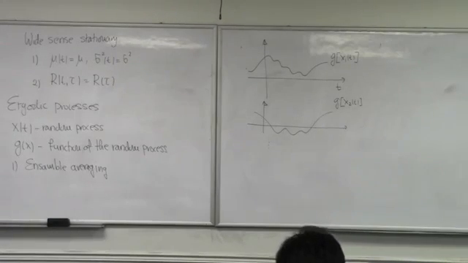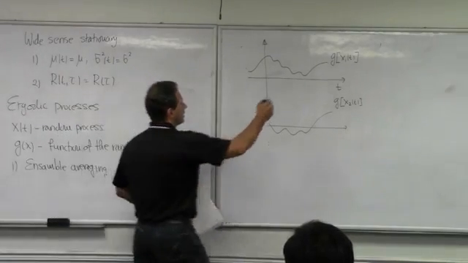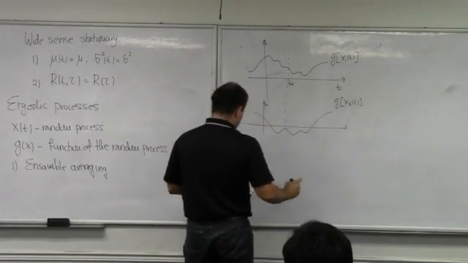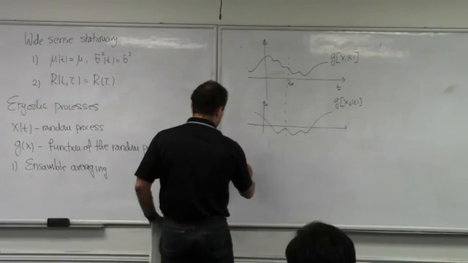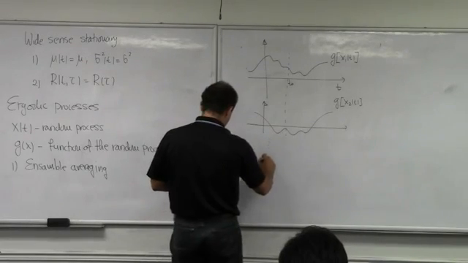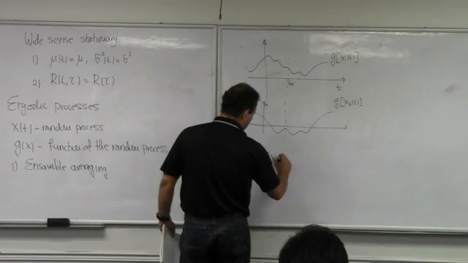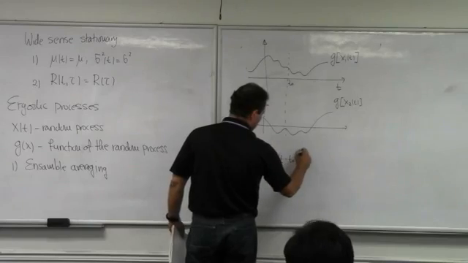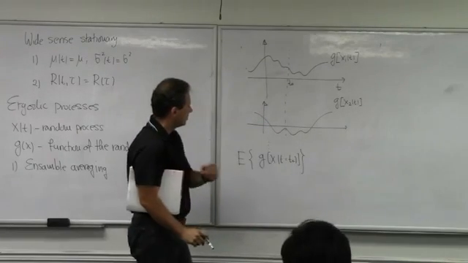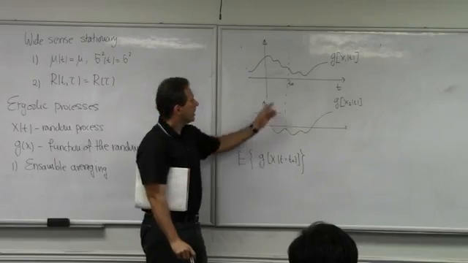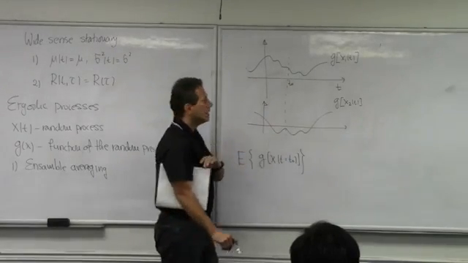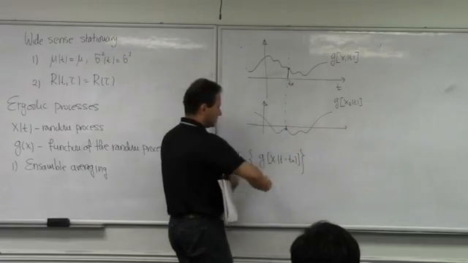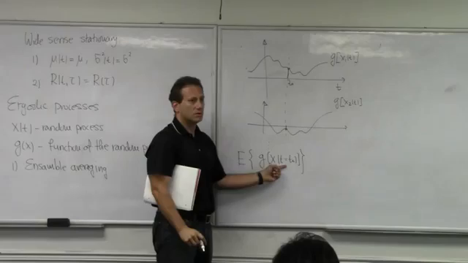If I specify a time, let's say this is the time t0, then I can define ensemble averaging as the expected value of g(x(t)) at t equal to t0. I'm looking at the expected value of this random variable. I froze time t0. Every one of these samples here is a value of the function g(x) at t equals t0.